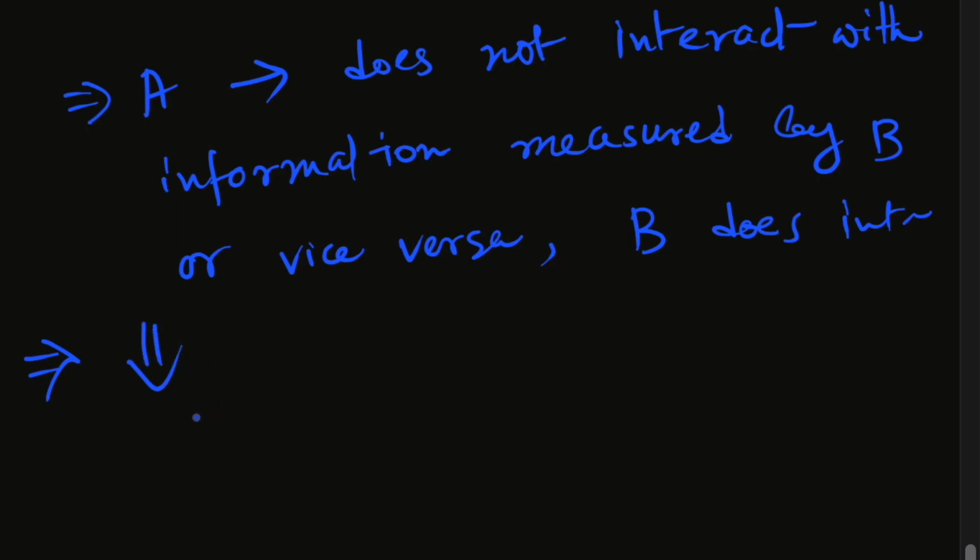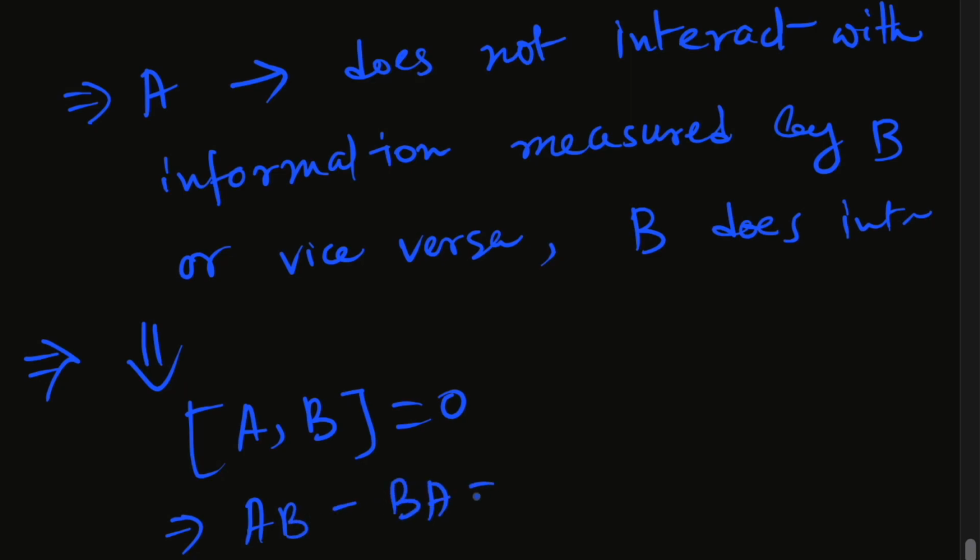Mathematically we write the commutator [A, B] equal to 0. That means AB minus BA equal to 0.